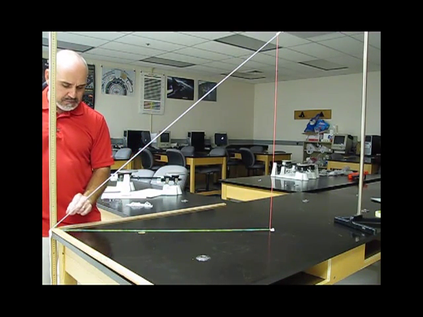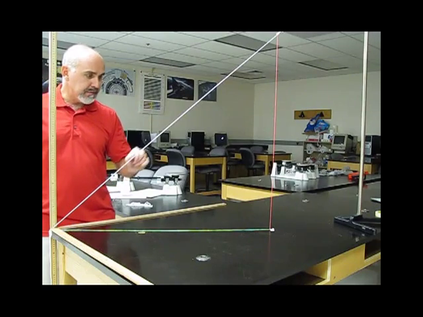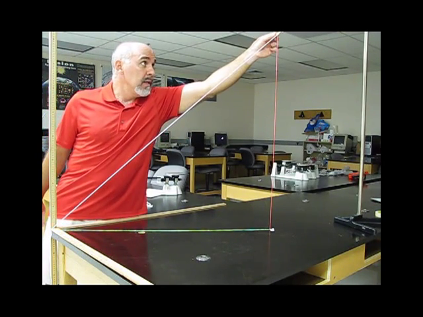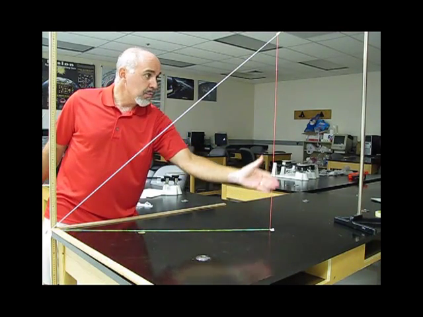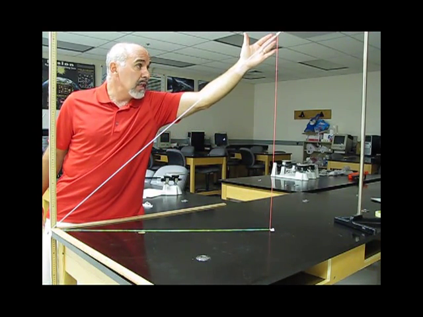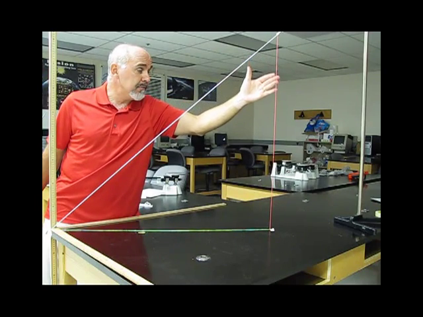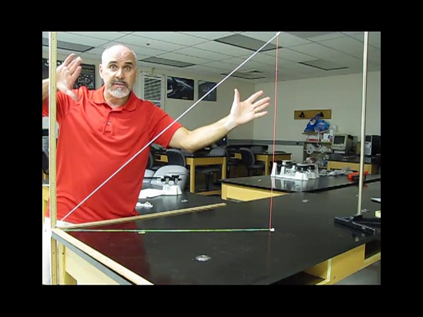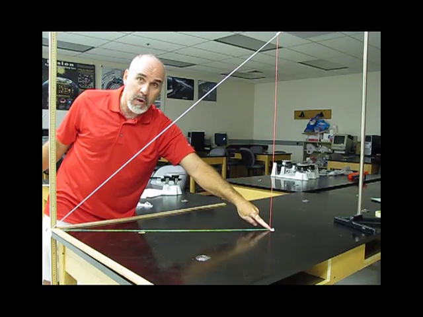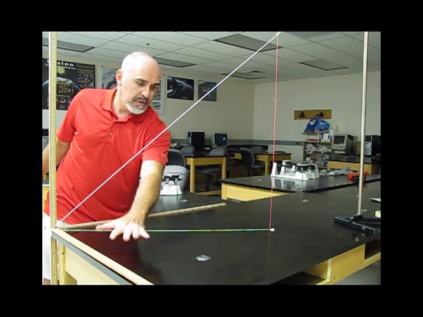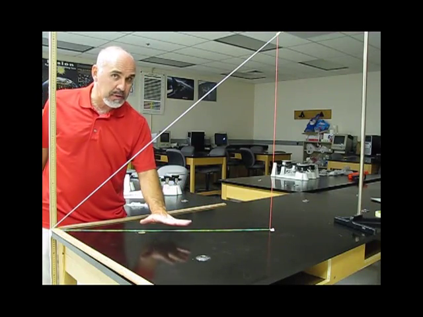Now keep in mind what you're seeing here is, here's the vector along the white line, and then this red line here represents a line that goes exactly vertical, so it's parallel to the Z-axis, exactly vertical down to the XY plane. So this tabletop is the XY plane.